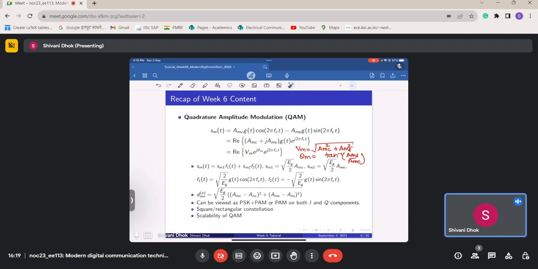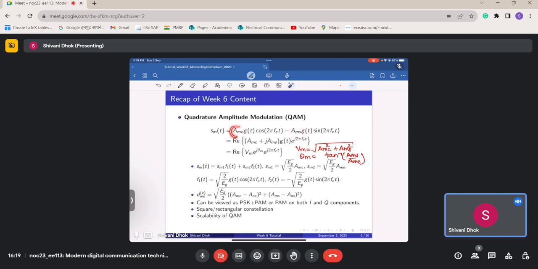Another way of doing this is to do pulse amplitude modulation, that is PAM, on both I and Q components, that is in phase and quadrature. By convention, this cos component is referred to as in phase, and the sine component is referred to as quadrature, and the in phase component is this AMC and this quadrature component is AMS.